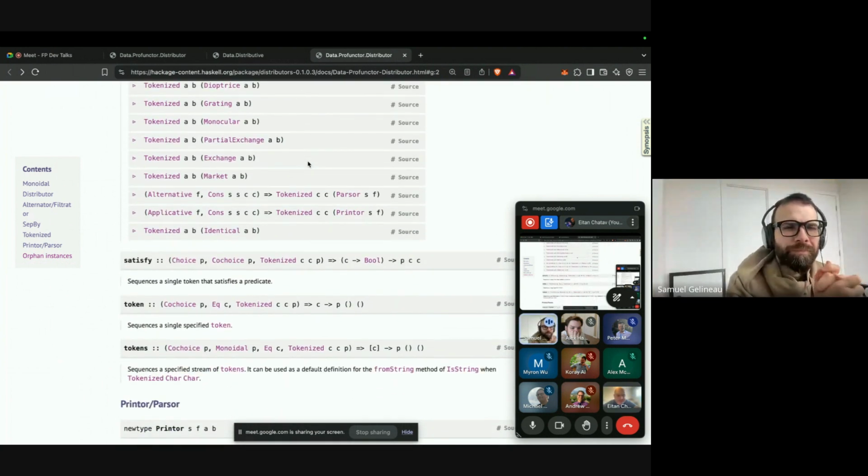Wait, so I'm trying to understand what A, B, S, and T mean now that we've switched from some very abstract type classes to something that clearly means parsers. So at least one of those 4 letters is going to be string.